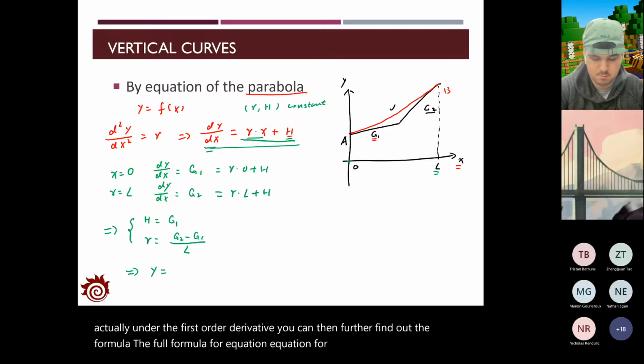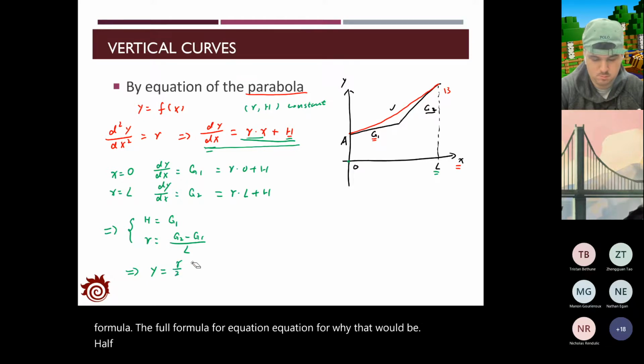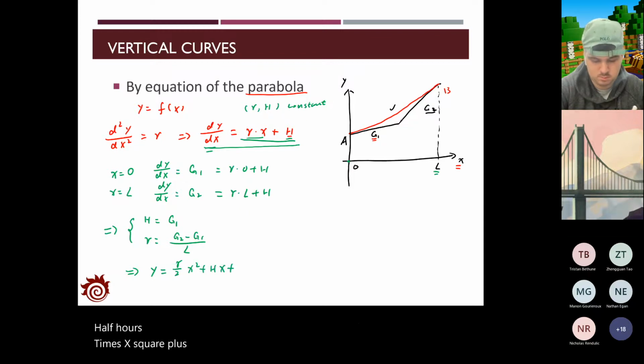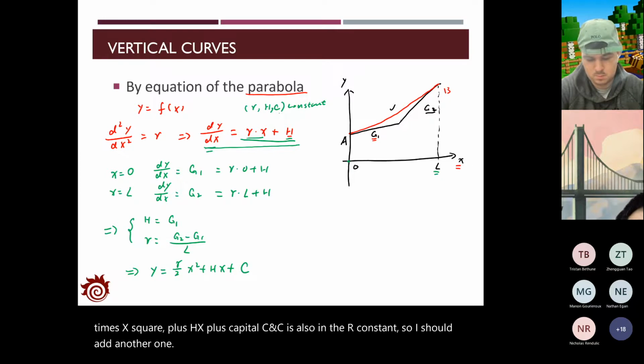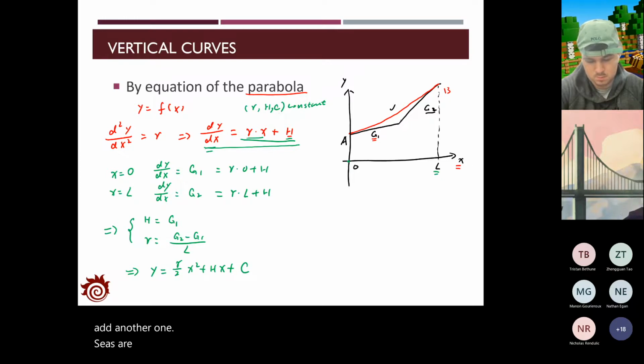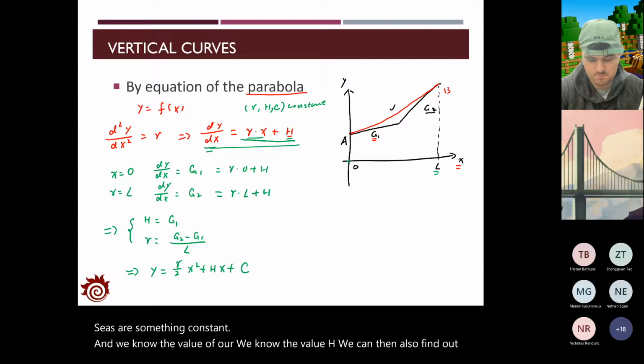That will be half r times x squared plus hx plus capital C, and C is also a constant. And we know the value of R, we know the value of H, so we can then also find out the value of C.